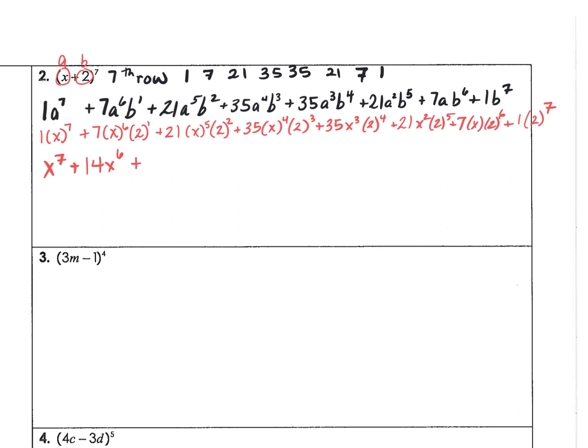So what do we get? 84x to the 5th. Finish it out. Use your calculator and finish this out. All right. Here it is. Hallelujah.